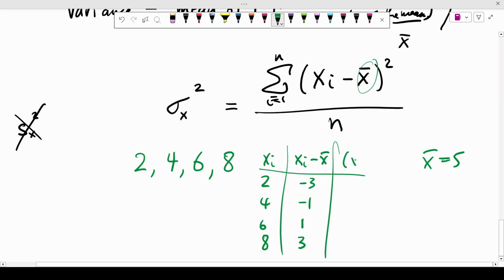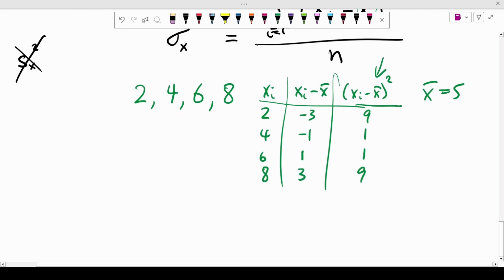And then I would get my squared difference from the mean. That would be a 9, a 1, a 1, and a 9. And then I need the average of these values. 9 plus 1 plus 1 plus 9 is 20 divided by 4. My population variance is 5.